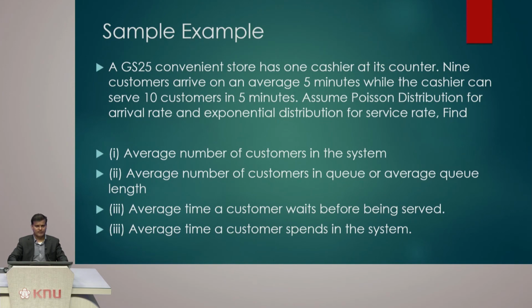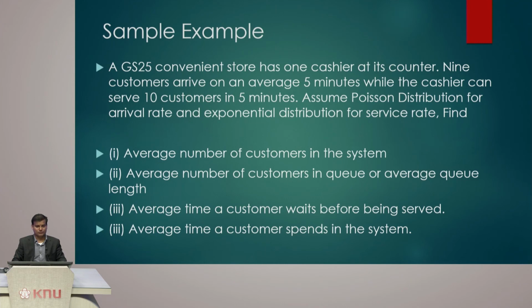Okay, so here is a sample example you can look at. Let's consider a GS25 convenience store that has one cashier at its counter. Nine customers arrive on average in 5 minutes, while the cashier can serve 10 customers in 5 minutes.